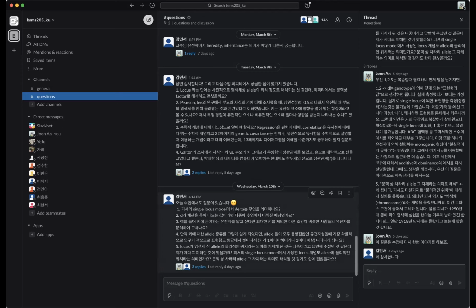The delta is the situation where we set the assumption that the locus follows additive or dominance, right? He put forward different situations, like different categories, you can say.